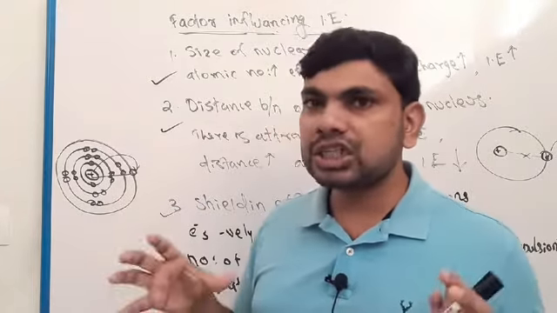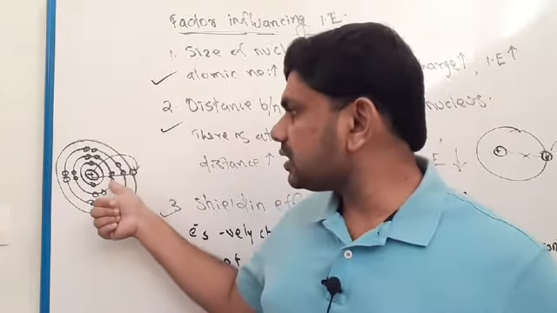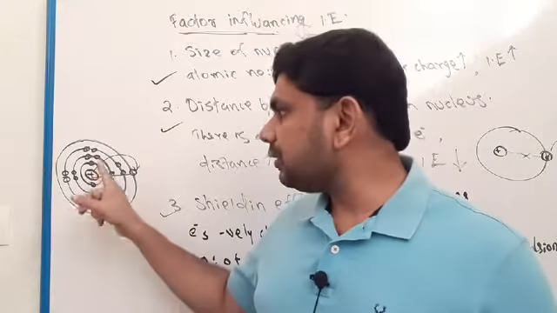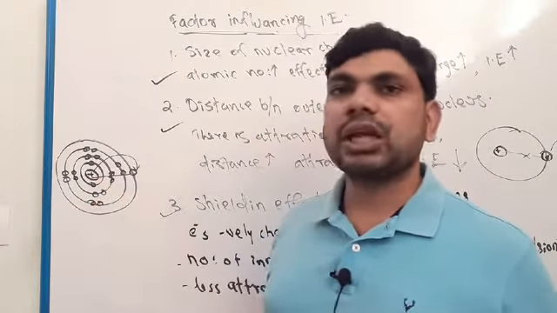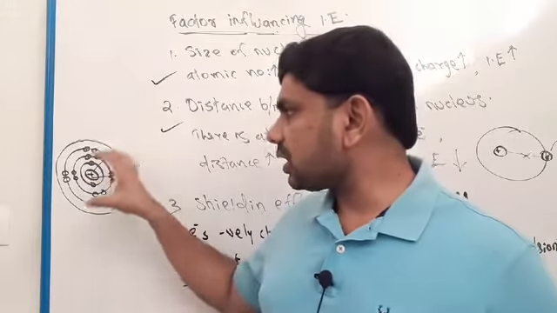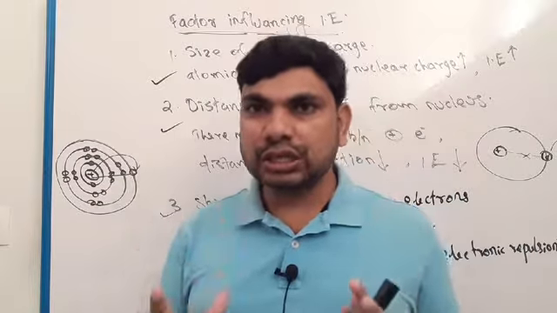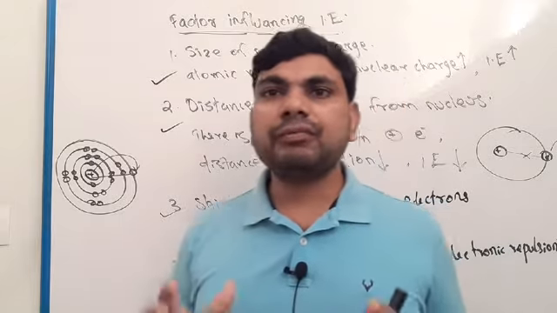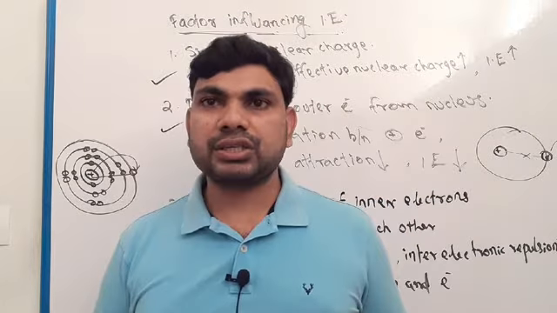So here is the shielding effect. Why do we call it shielding? Because the inner electrons make a shield between the nucleus and the outer shell electron. That's why we call it the shielding effect.